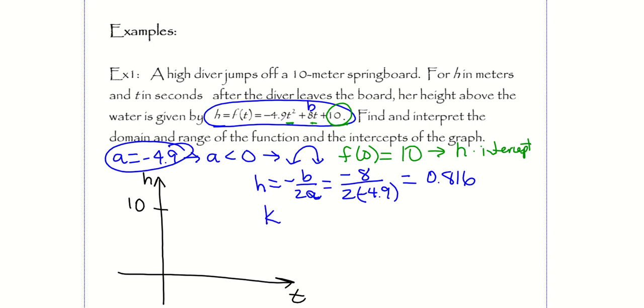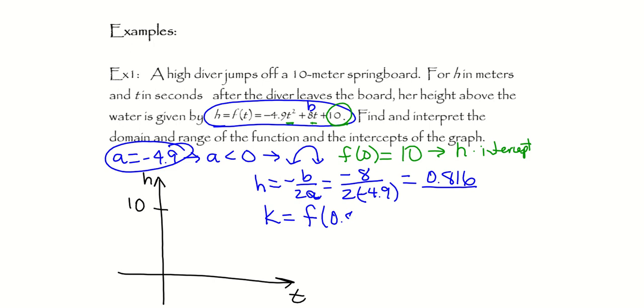If I want to find the y-coordinate of my vertex, I plug this number into my function. So I'm going to find f of 0.816. That's negative 4.9 times 0.816 squared plus 8 times 0.816 plus 10. I used my calculator to evaluate that, and I got, to 3 decimal places, 13.265.